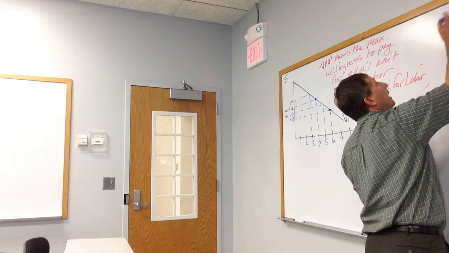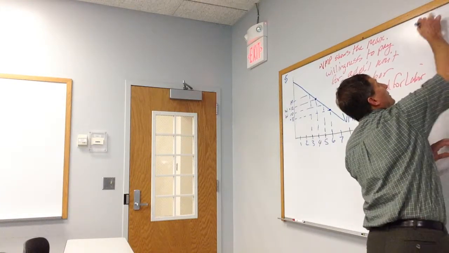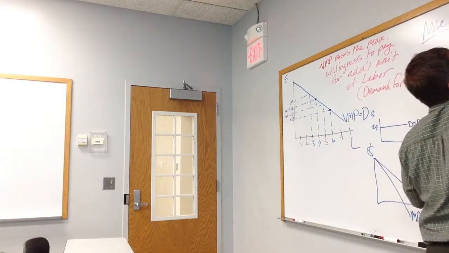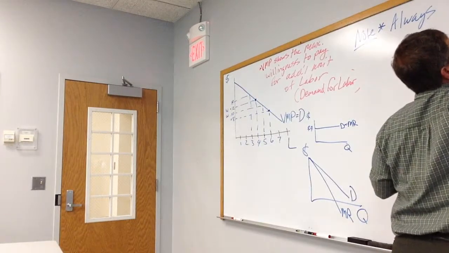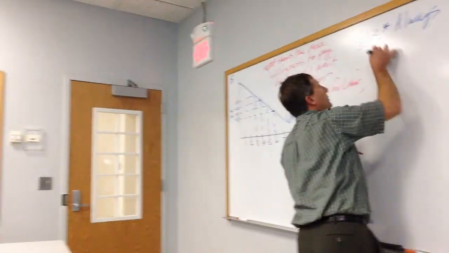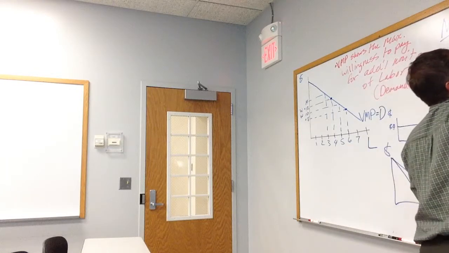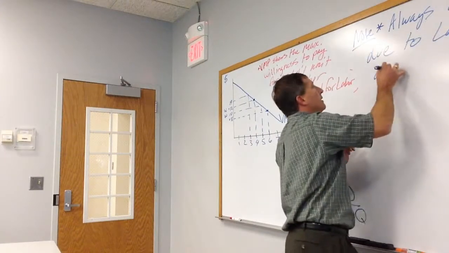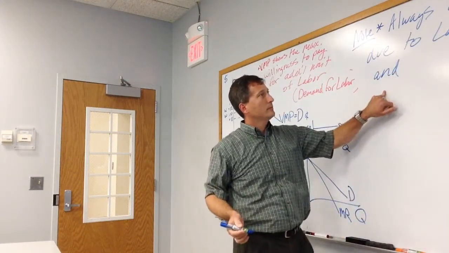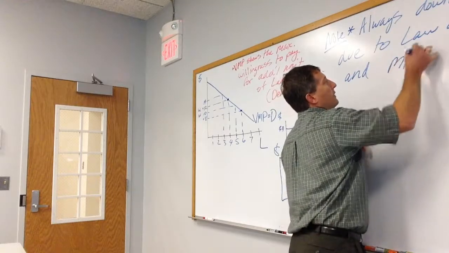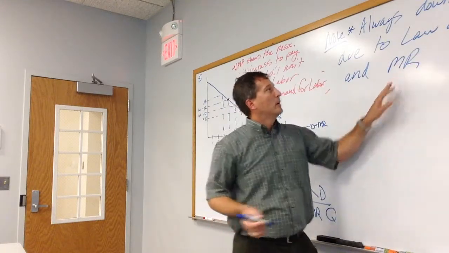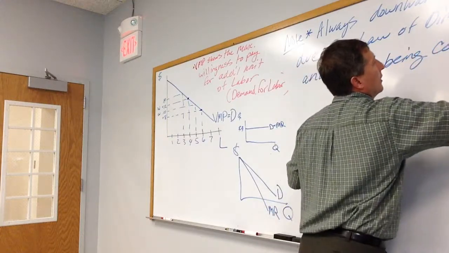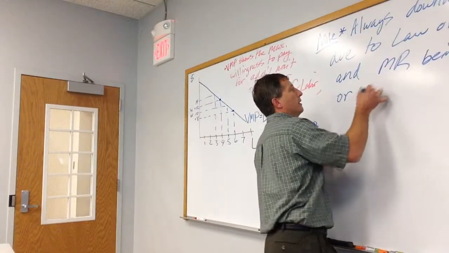Really one thing, but so note, always downward sloping due to the law of diminishing marginal product, and marginal revenue being constant or downward sloping.